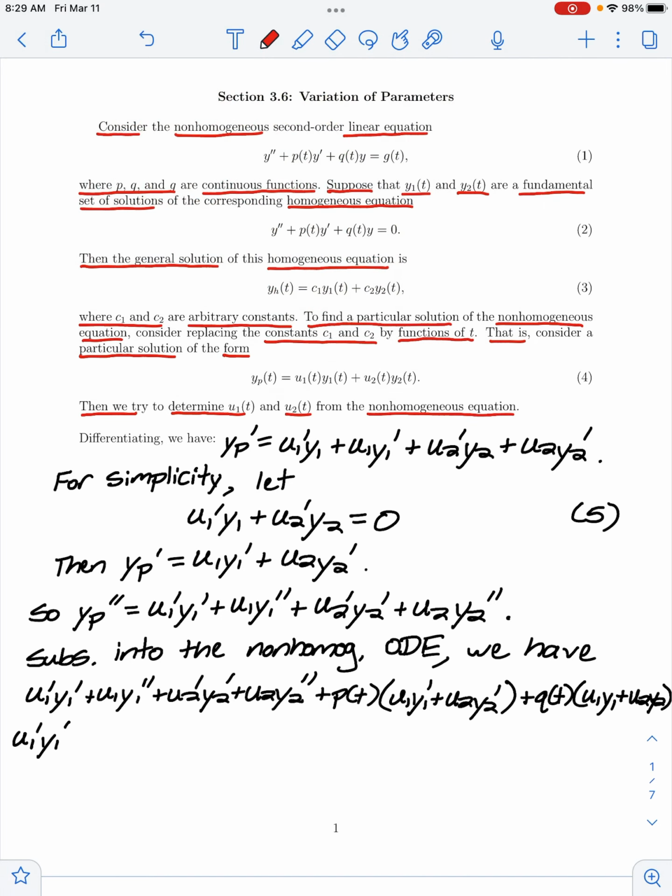So let's look at these. All of the terms involving u1, I can group together. And if I factor out a u1, I am left with y1 double prime plus p of t times y1 prime plus q of t times y1.